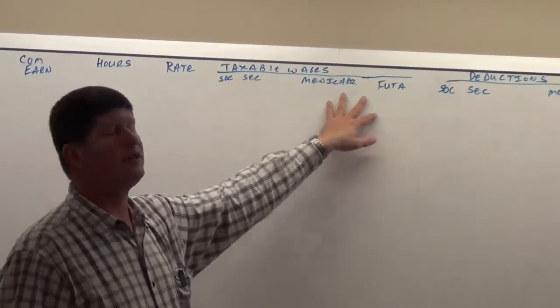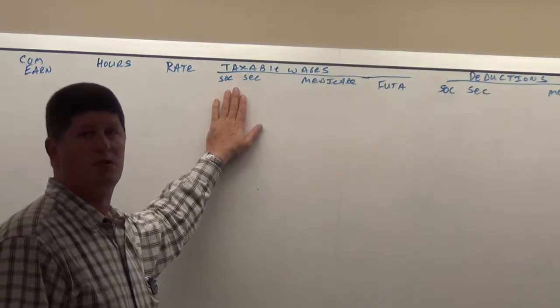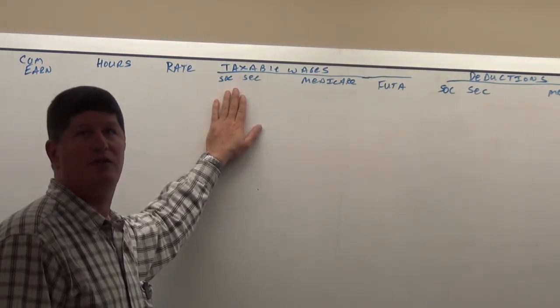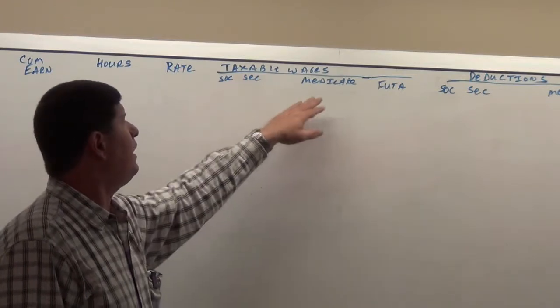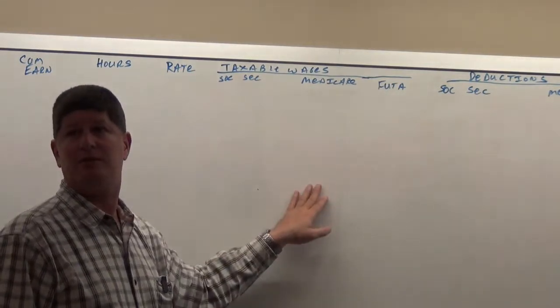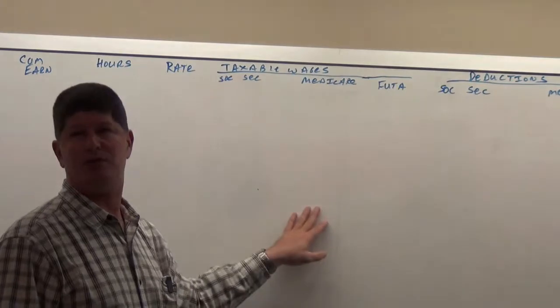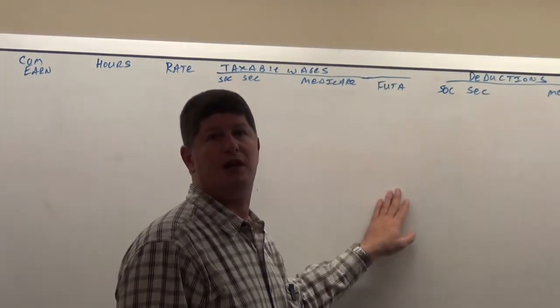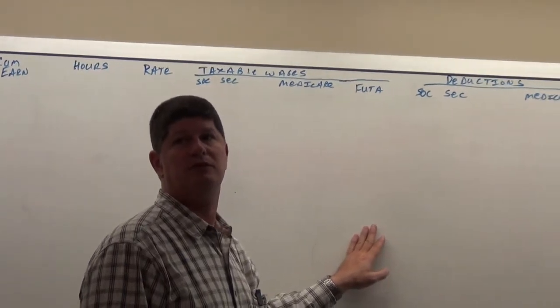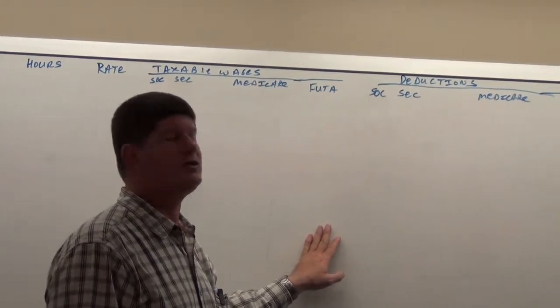Then you get into calculating the taxable wages. Social Security, which is the FICA, the floor is, what did we say, it's about $106,000 this year. Medicare, is there a limit? No, so all of the wages will be taxable there. FUTA is taxable up to what amount? It's the first $7,000 in wages.